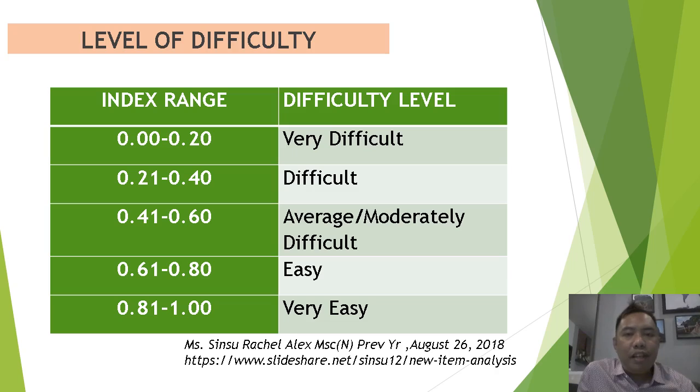Based on our example a while ago, we already have our p-value, which is 0.46. When we use the scaling, 0.46 belongs to the index range of 0.41 to 0.60, which is considered average, moderately difficult.